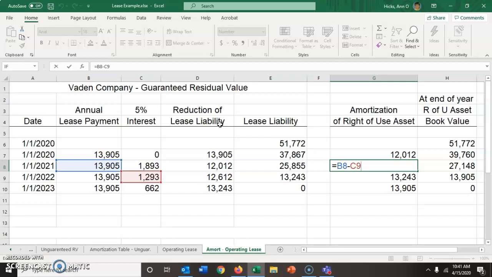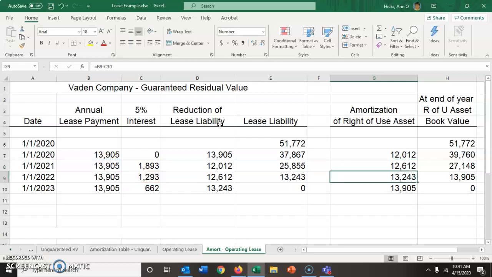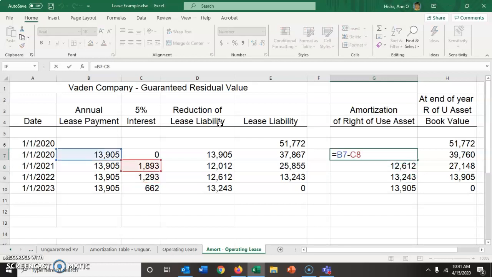So 2020, here we go. 2020, my amortization of right of use is going to be $12,012 because that's what is necessary in order to make up the difference between the payment amount of $13,905 and the interest amount.